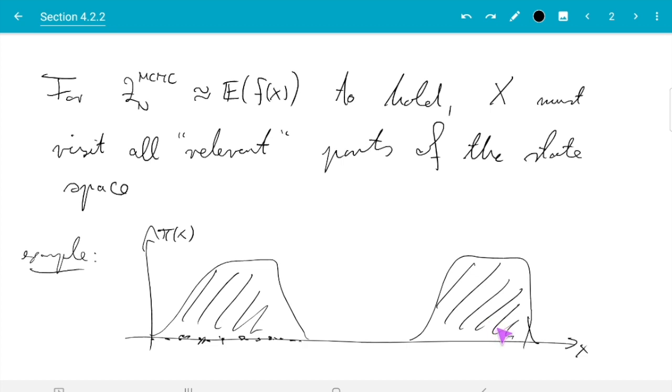If you think you generate 1,000,000 samples, but it takes, say, 800,000 steps until the process jumps over for the first time, that is not fast enough, because then you have 800,000 samples here and 200,000 samples here, just because it took so long until we got here.